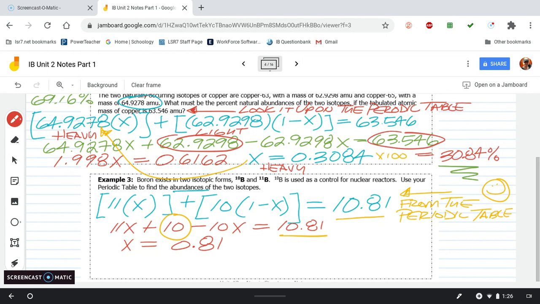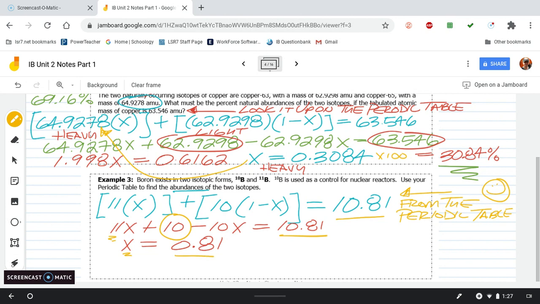We're going to get 0.81. Well, that kind of solves it for us, right? X is going to be 0.81. What does 0.81 mean? Well, that means 81%. Remember that the bigger value, the 11, is what the x is going to be. So 11 gets the 81%.